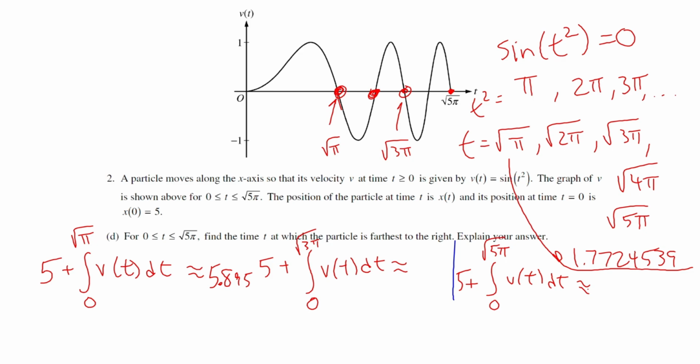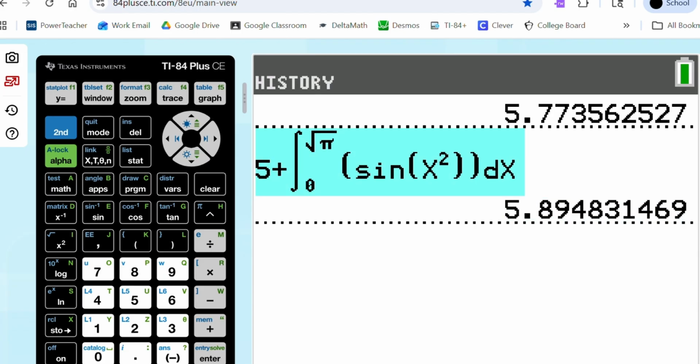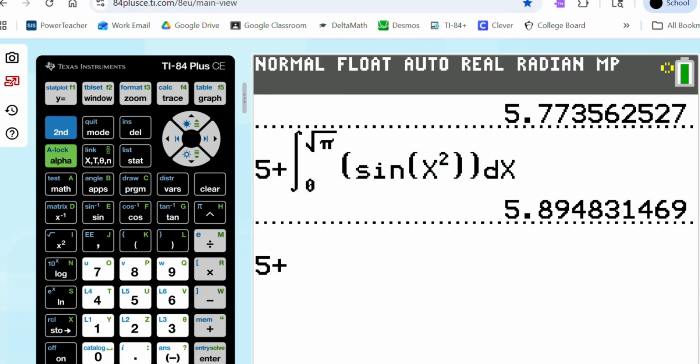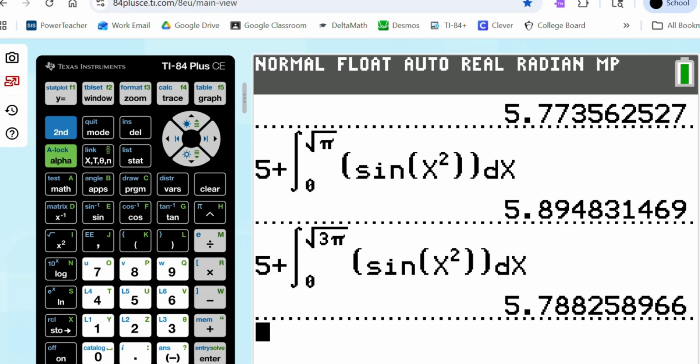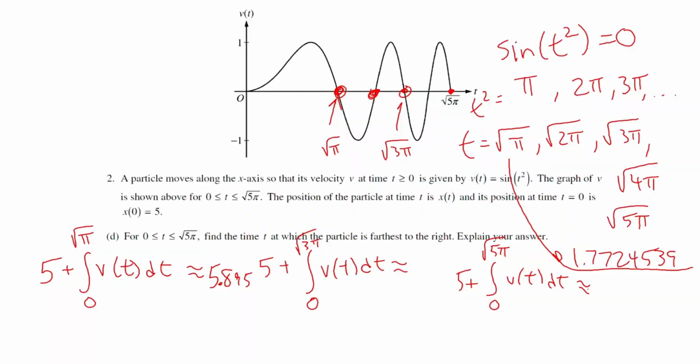When we do the next one, I'm going to write these in a different color so things don't get jumbled up here. We can just do the same thing. Go back up here, hit enter. And instead of root pi, we want root 3 pi. And that's going to give us 5.788.